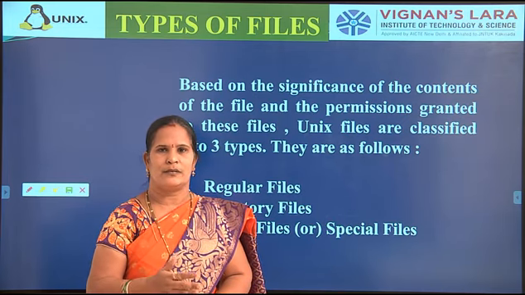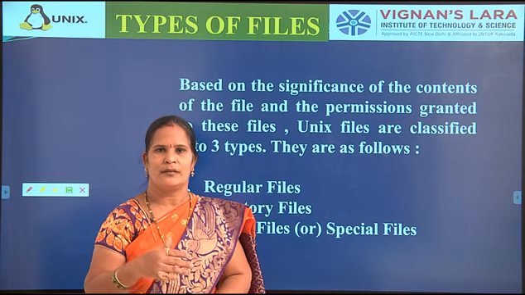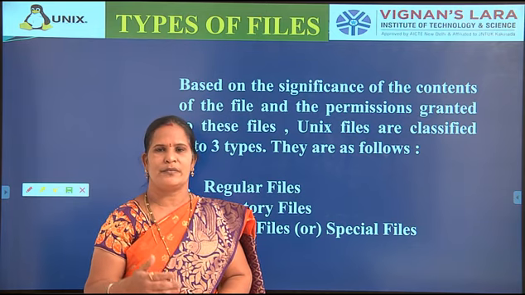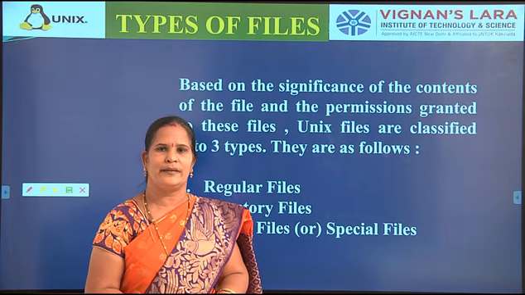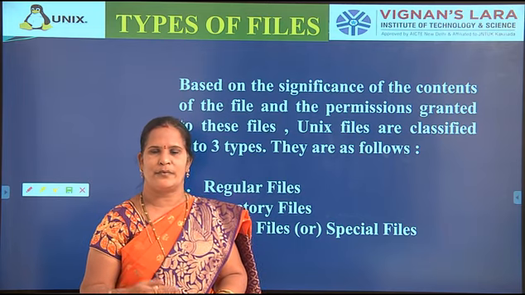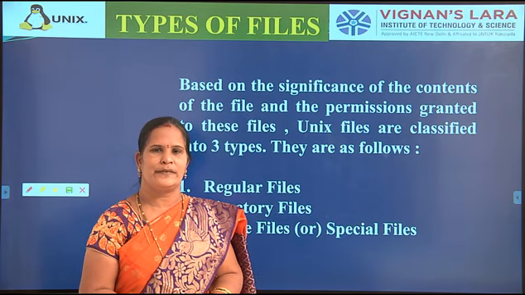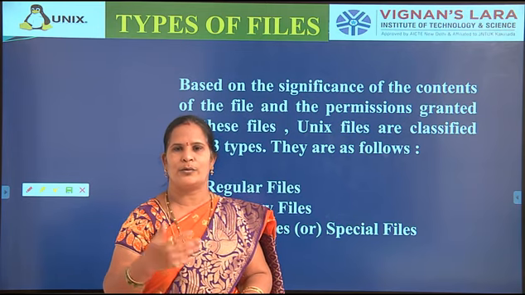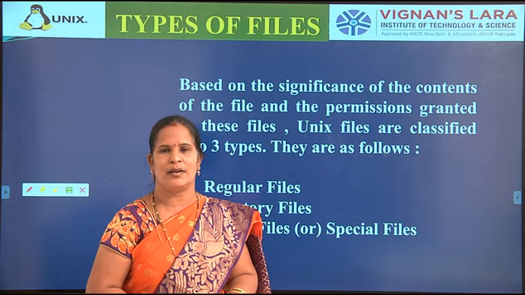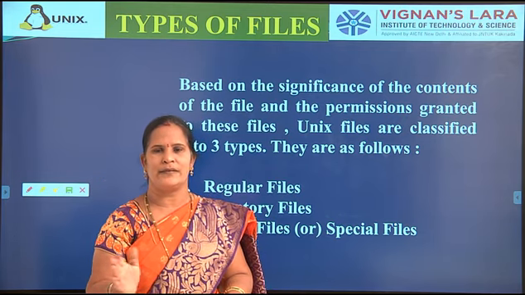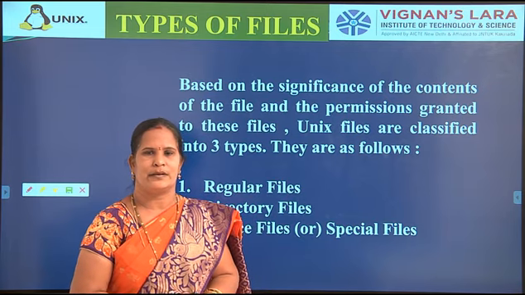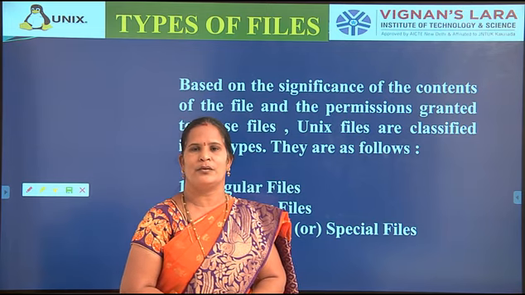From these users we can remove the read, write and execute permissions. Similarly, we can assign them to these three types of users. According to our wish, we can assign and remove the file permissions for these three types of users. This is about the permissions given to files.